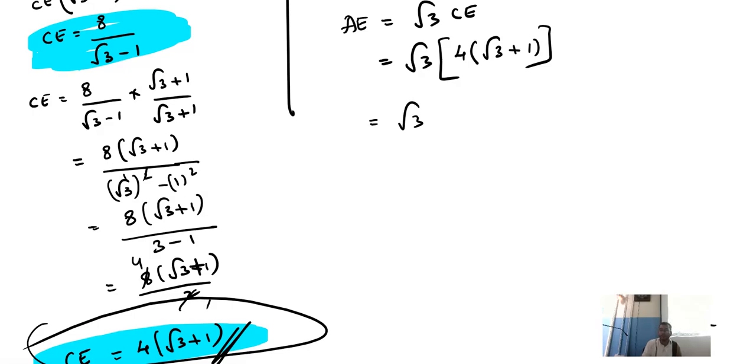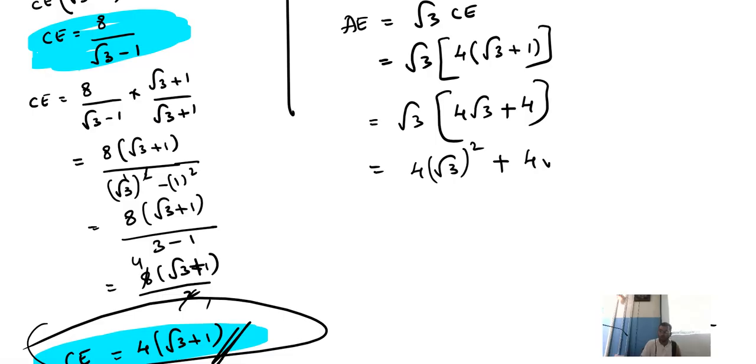Now what we should do? Root 3 as it is. 4 into root 3, 4 root 3, plus 4 into 1 is 4. Now we should multiply root 3 into 4 root 3. It is 4 root 3 whole square, plus root 3 into 4, it is 4 root 3. Then the square root gets cancelled. 4 threes are 12 plus 4 root 3.